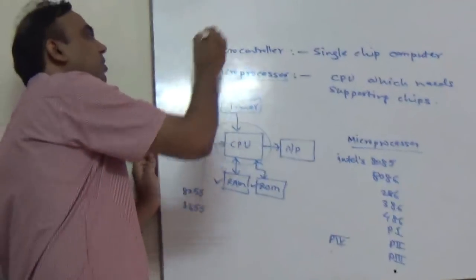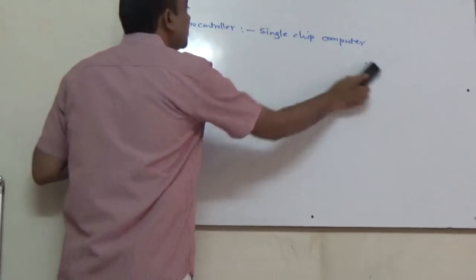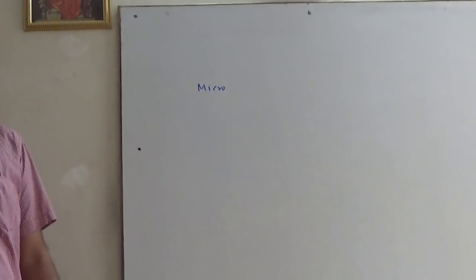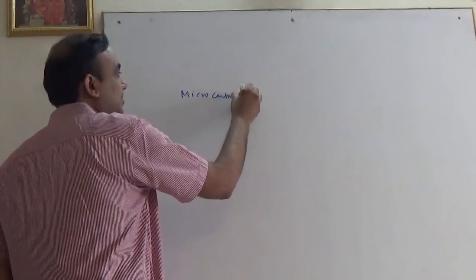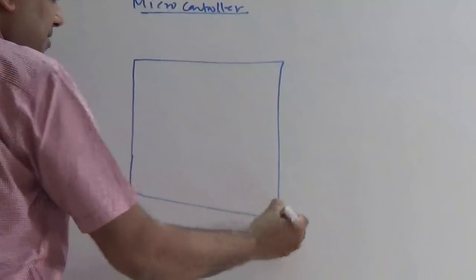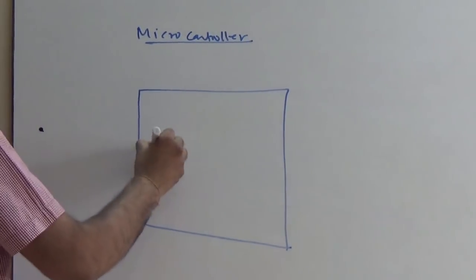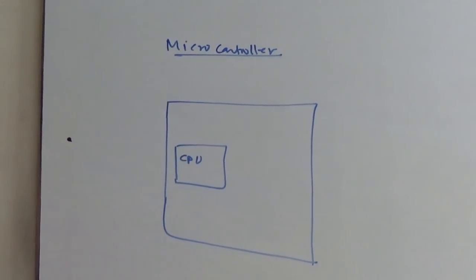Now let us talk of the microcontrollers. In the case of a microcontroller, as we discussed, a microcontroller is a single chip solution. We have a single IC. In that IC, we have a CPU, very similar to the microprocessor.